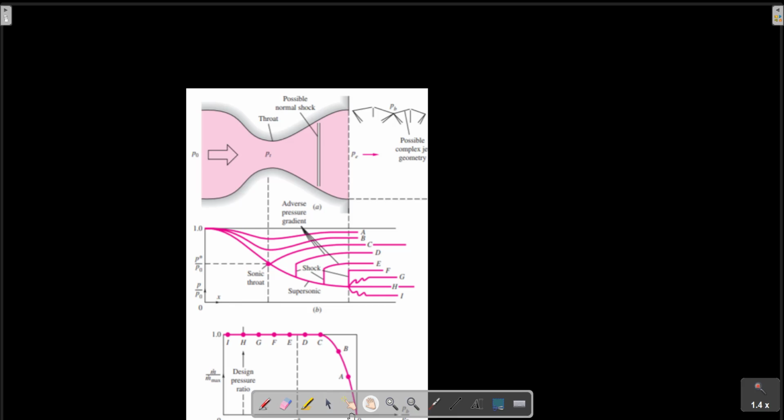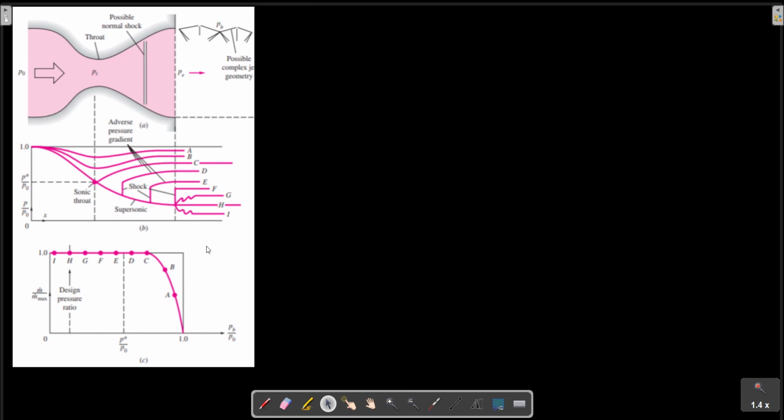Now jump for a moment to curve H. Here PB is such that it corresponds exactly to the critical area ratio, or we can say the ratio of PB over P stagnation corresponds to the critical area ratio for a supersonic Mach number.